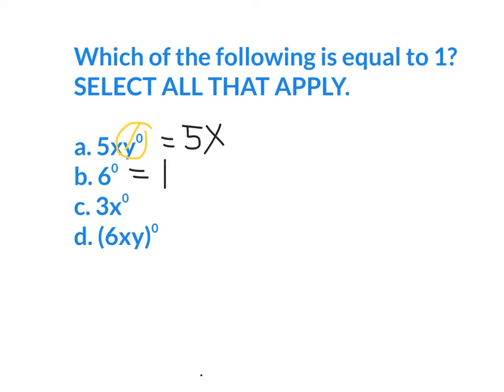For C, the only thing raised to the 0 power is x, so that's equal to 1, but it leaves us with the 3 remaining. And for D, the whole thing is raised to the 0 power, so my final answer is going to be 1. So the two that were equal to 1 were B and D.